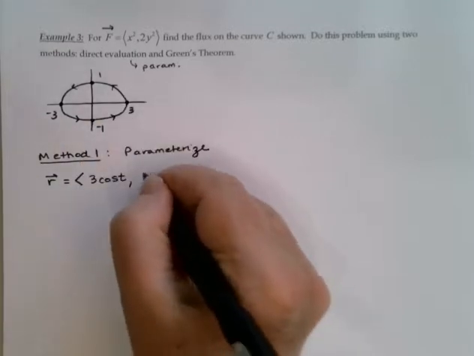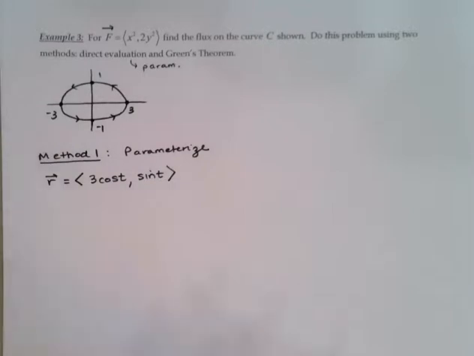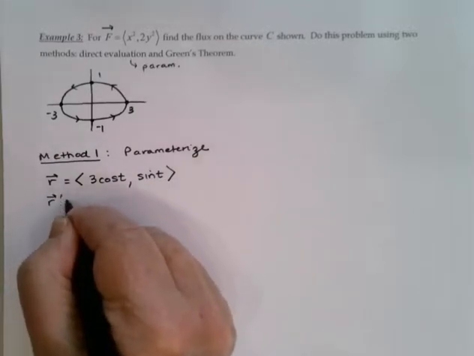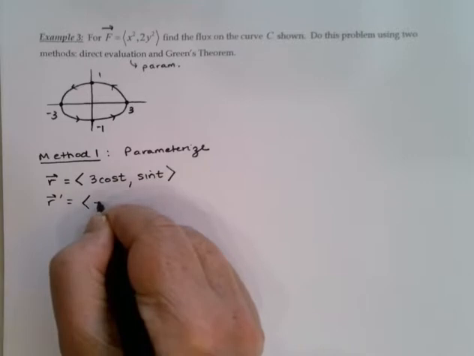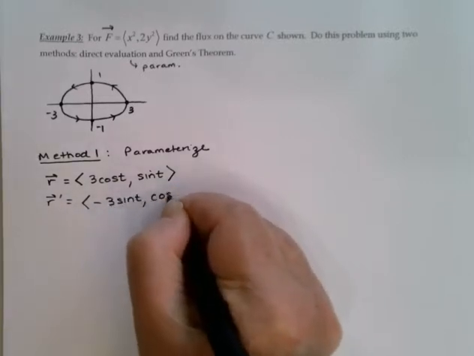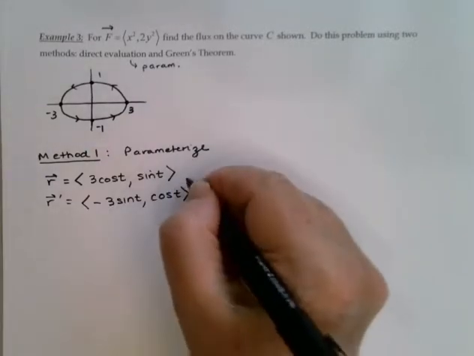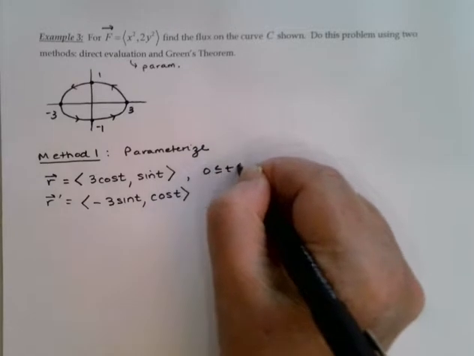And then sine for the y, just 1 sine t. That means our r prime is going to be negative 3 sine t, comma cosine t. And I guess I didn't mention, we are going all the way around, so t will go from 0 to 2 pi.